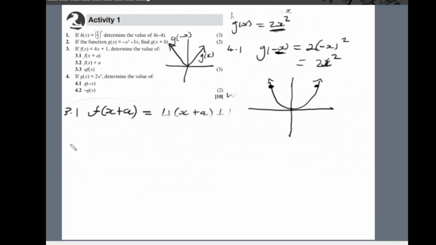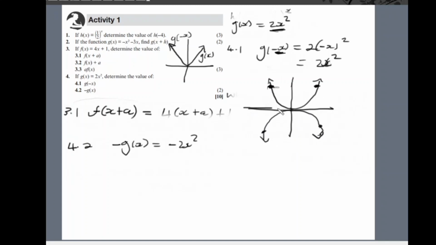And then 4.2, we are saying minus g of x is equal to minus 2x squared. This is a reflection of the graph of g about the x-axis. So if this is the graph of g, the graph of minus g of x will be like this, right? If this point is here, it will come down, and if this point is there, it will come down.